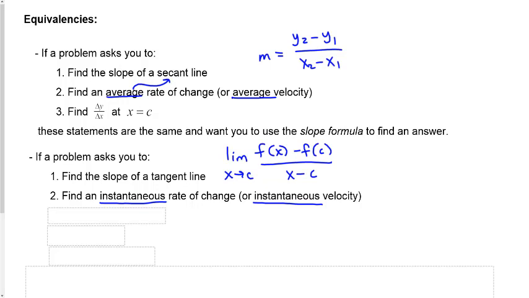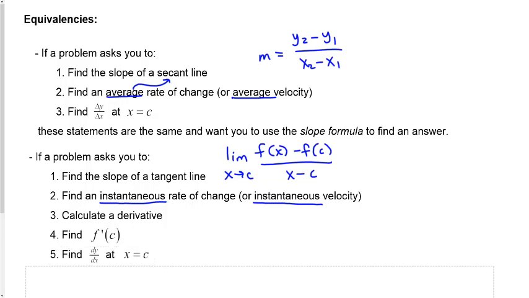To calculate a derivative, the term derivative is the same thing as tangent. Find f prime of c. I haven't introduced the prime notation, but we will discover it as we move along. But for now, just know if you see that, it's talking about derivatives. dy dx. We haven't introduced this notation either, but I'm putting it here for completeness. Very common way of expressing a derivative.